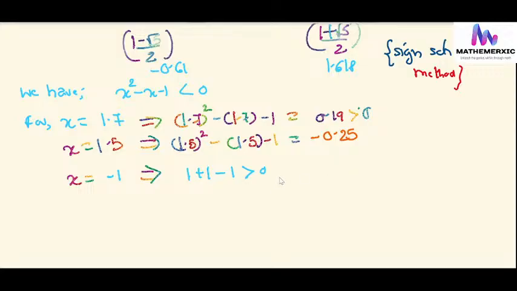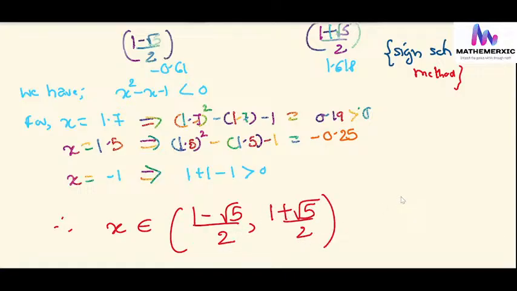So here it is done. Therefore, x lies between these two values, that is 1 minus root 5 by 2 and 1 plus root 5 by 2. Therefore, x belongs to the interval (1 minus root 5 by 2, 1 plus root 5 by 2). This is the answer. Okay. So we'll just close the session here.